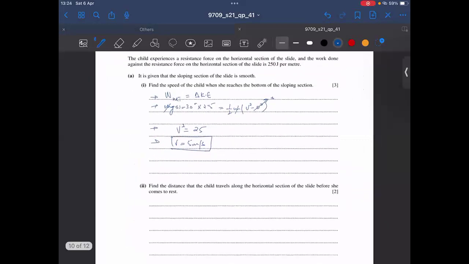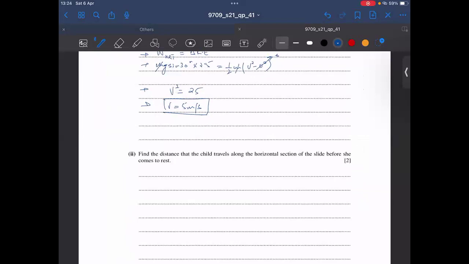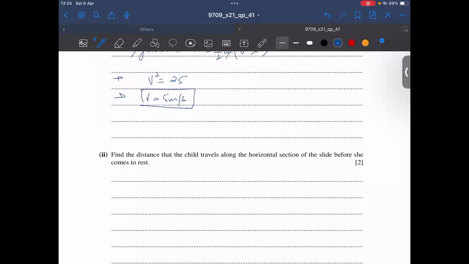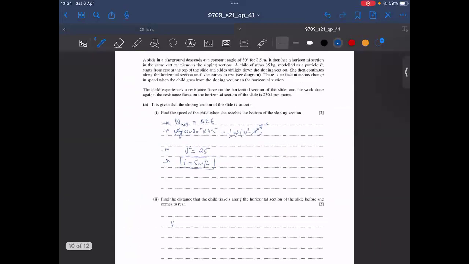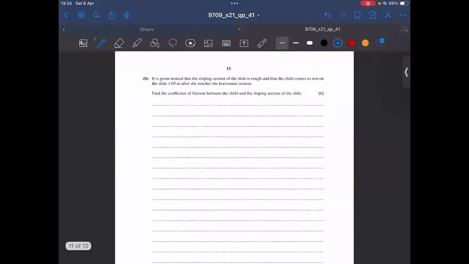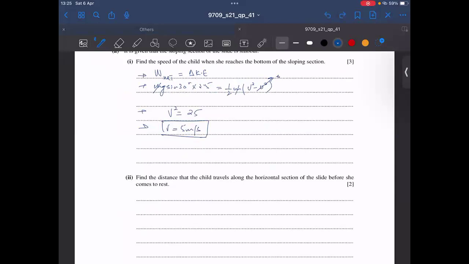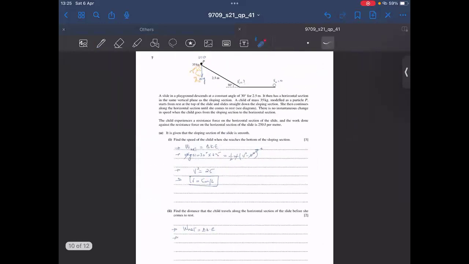Okay. And then find the distance that the child travels along the horizontal section of the slide before she comes to rest. Okay, so again net work done equals change in kinetic energy. Along the horizontal section, you don't have any component of gravity doing work on the particle.